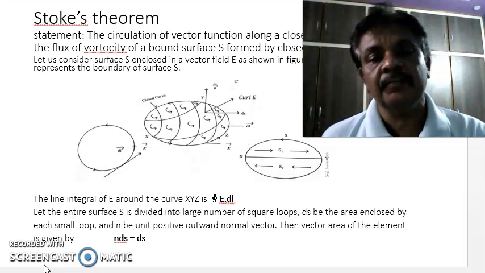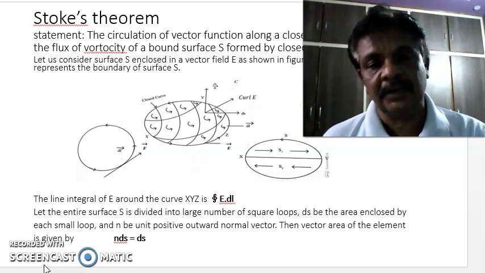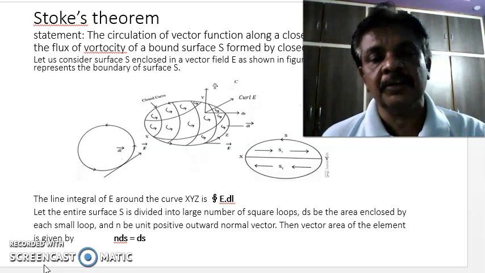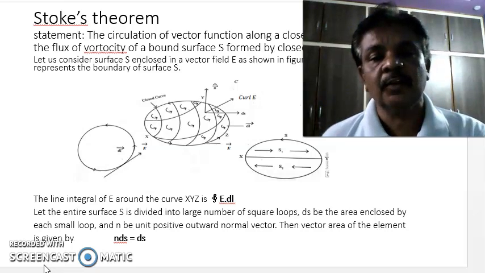These can be explained with the help of these relations, and hence Stokes defined the first statement, which gives the relation between line integral and surface integral: the circulation of a vector function along a closed curve C is equal to the flux of vorticity through the surface bounded by that closed curve.